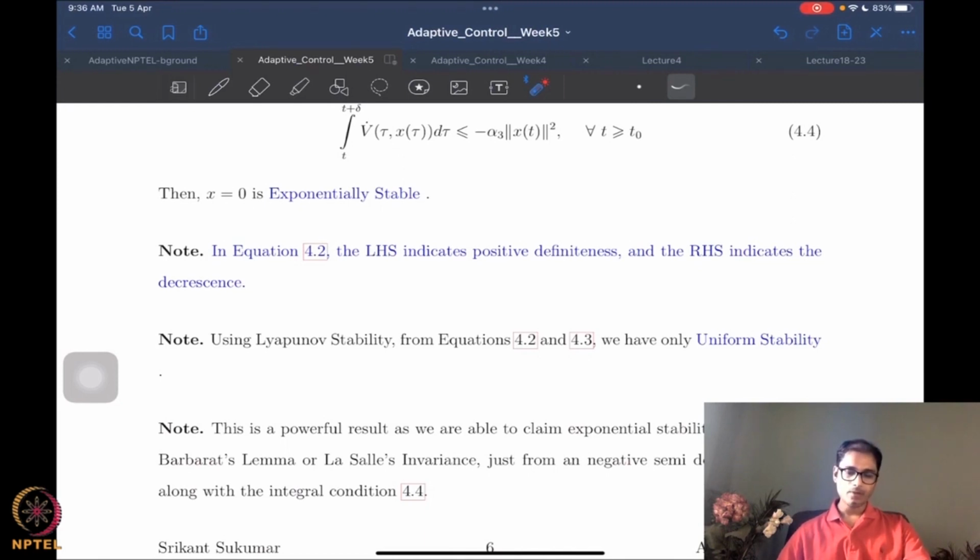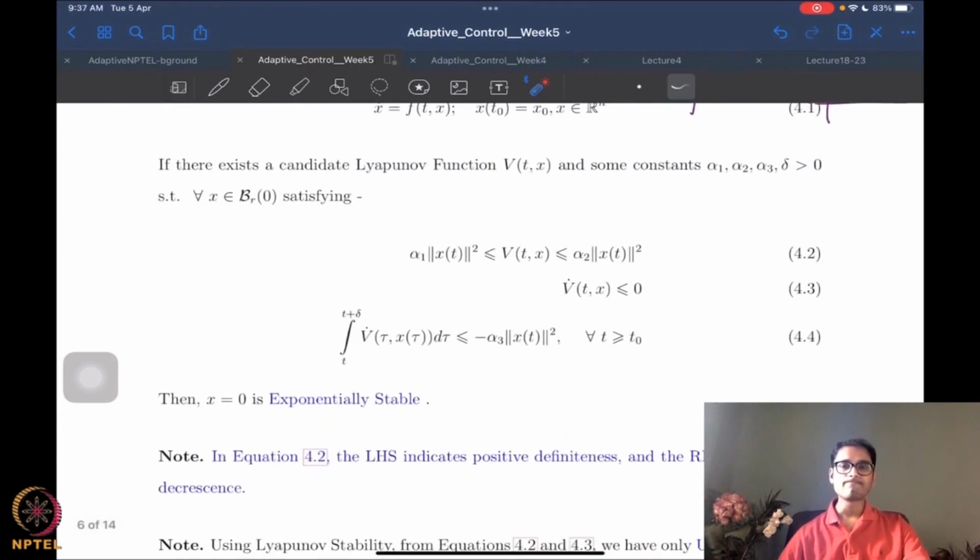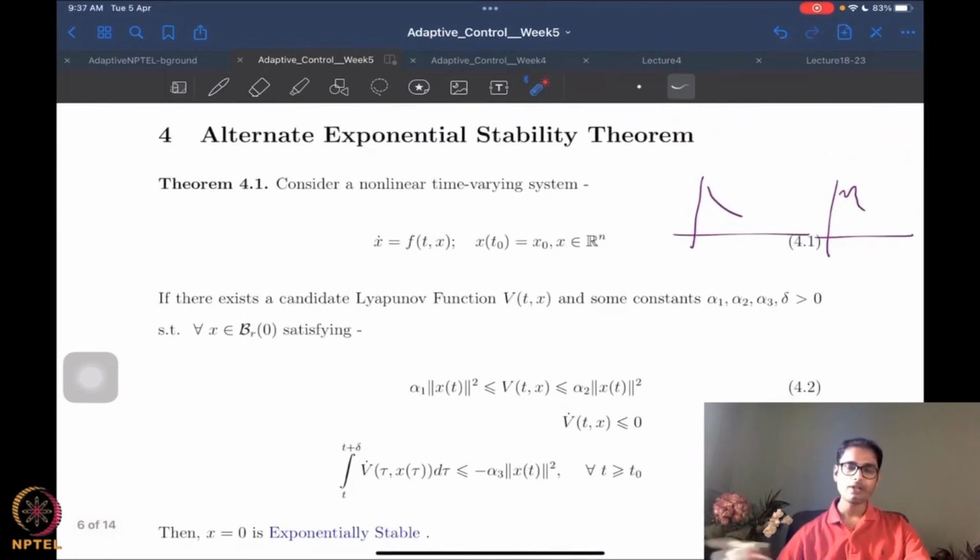But here we have a third way. Theorem 4.1 here actually provides a third way of proving exponential stability without invoking Barbalat's lemma or LaSalle invariance.